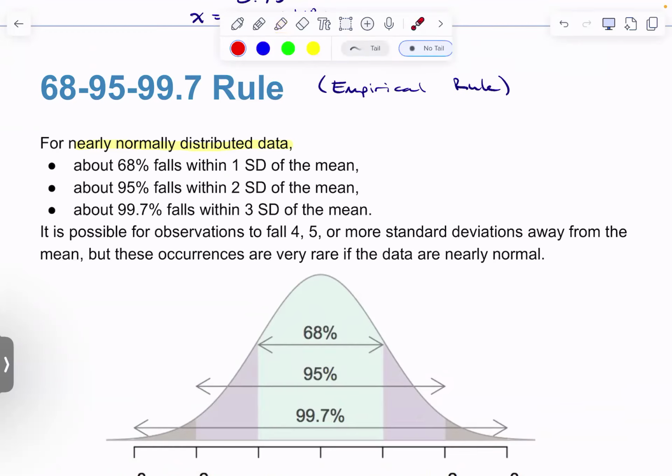So what does it mean? Well, about 68% of the curve, so the area under the curve, will fall within 1 standard deviation of the mean. From the mean, if you move down 1 standard deviation and up 1 standard deviation, the area between those 2 values is roughly 0.68.